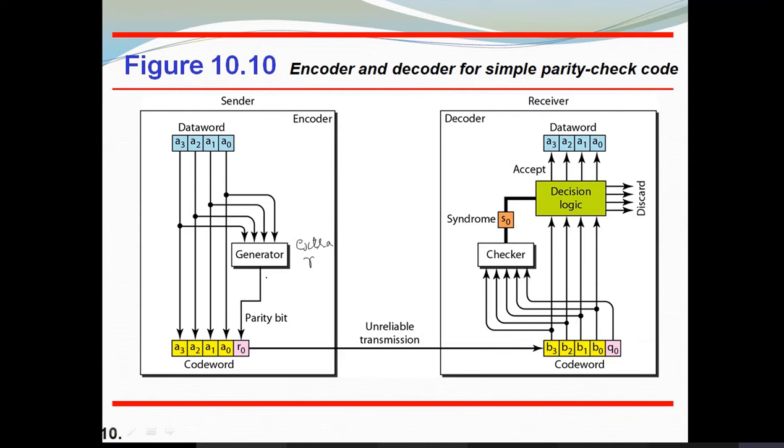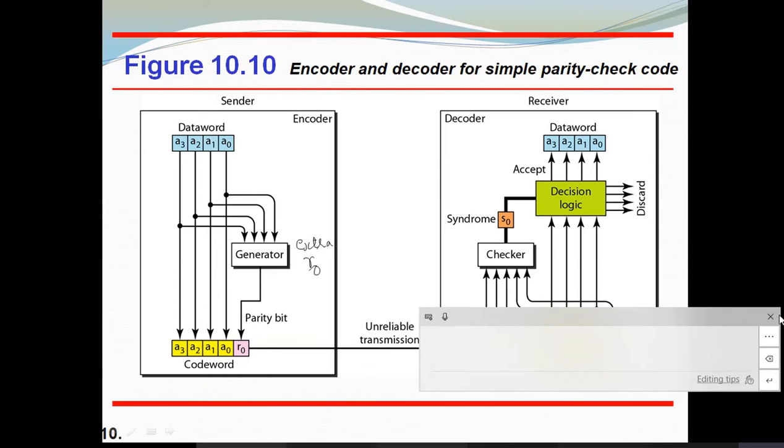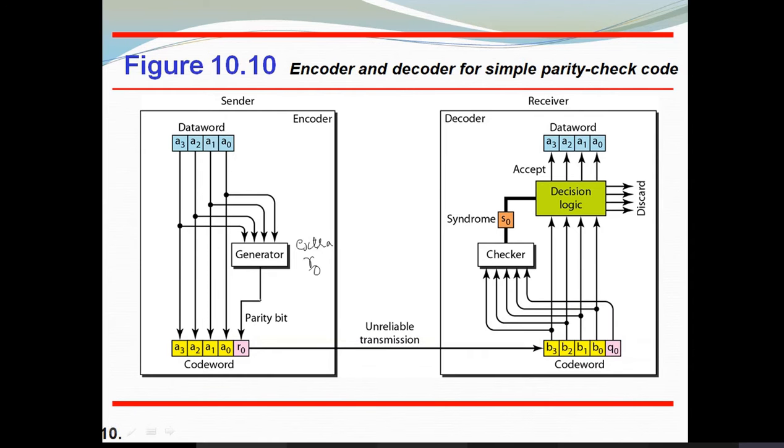Accordingly, it identifies whether 0 or 1 is to be added. That is represented as R0, calculated using the generator. Now that R0, after calculation, is taken along with the data A0 to A3 plus this R0. Completely, this forms the code word.